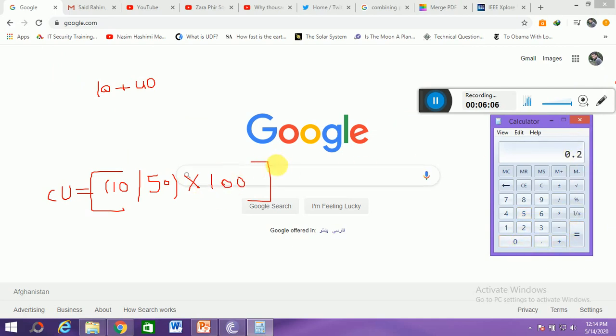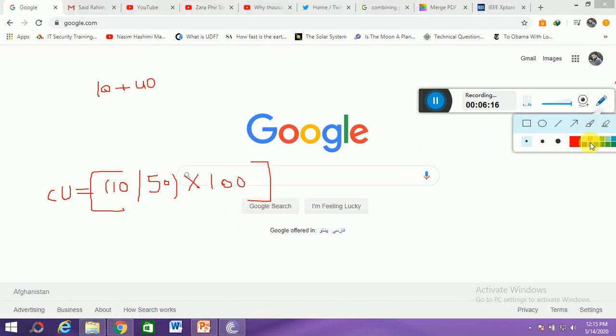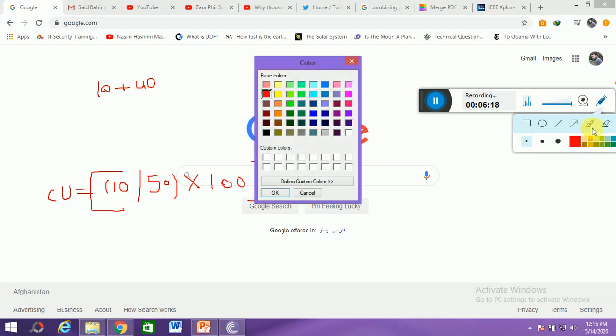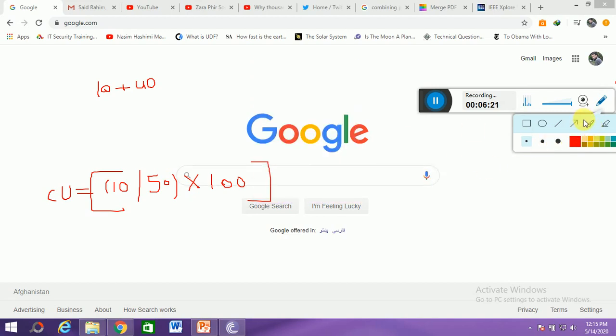Now multiply 0.2 by 100, so 20%. How much? It is 20%. So this process actually uses CPU only 20%.